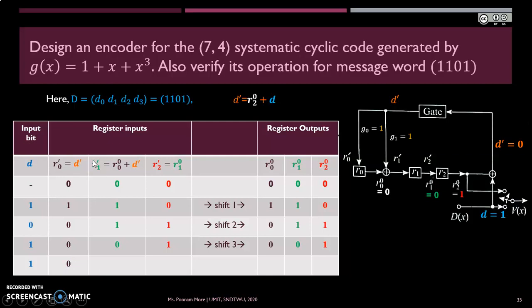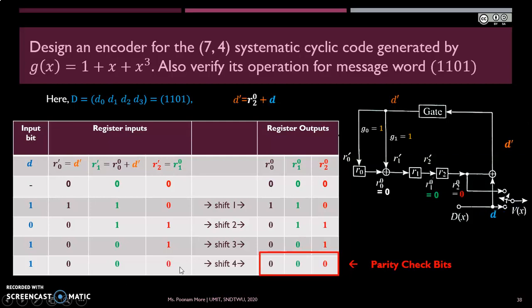Now the value for R1 dash is the R00 plus D dash. The value of R00 is 0 as well as the value for D dash is also 0, and therefore the value for R1 dash is coming out as 0. Similarly, the value for R2 dash is the R1 dash, which is represented here as 0, and therefore this value also becomes 0.